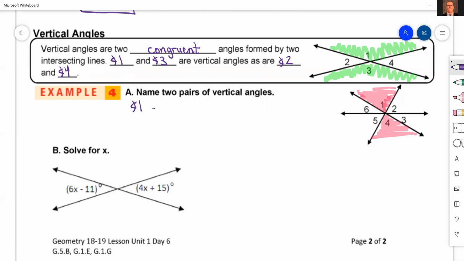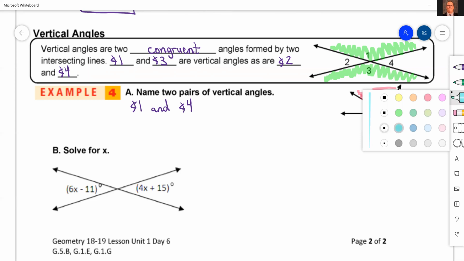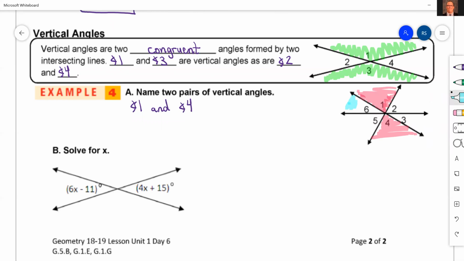So angle 1 and angle 4. Now let's look at a different pair. I think I'm going to go over here with 6. Which one's directly across from 6? 3. So 3 and 6 is our other pair.